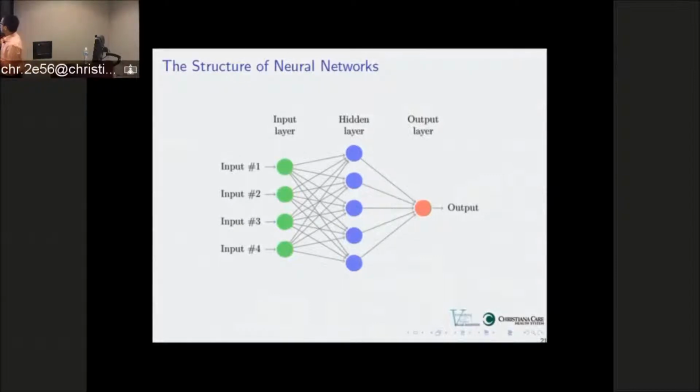And this is the output layer, which generates the output, meaning one patient is classified into either the exposure or non-exposure group. All these blue dots are the hidden layer. The hidden layer cannot be directly observed, so we need to estimate it. And each dot in the hidden layer is connected to all the dots from the input layer.